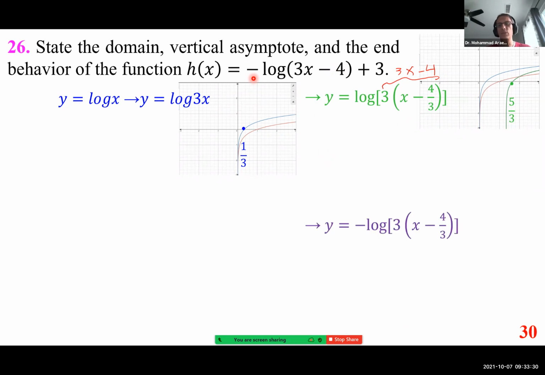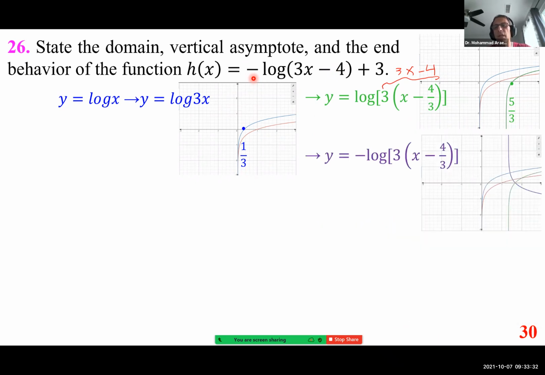We will do that by flipping it over. So as you're looking at this case, you flip it over with respect to the x-axis, because the negative is in front of the whole function. Okay, so this is the function we were looking at. Flip this over with respect to the x, and it looks like this.